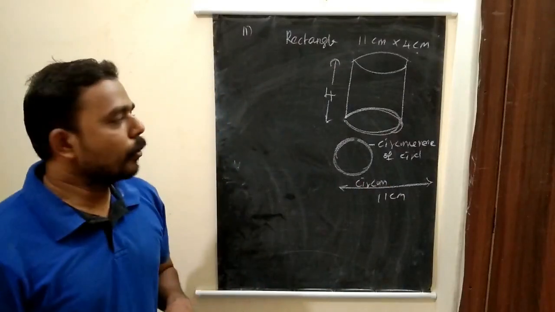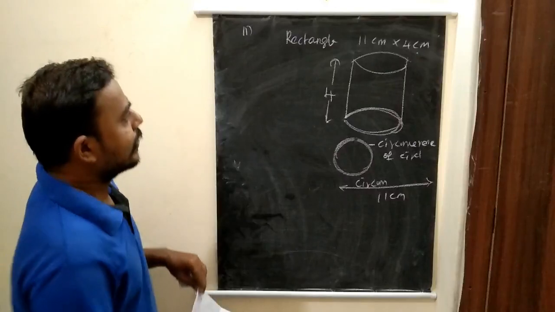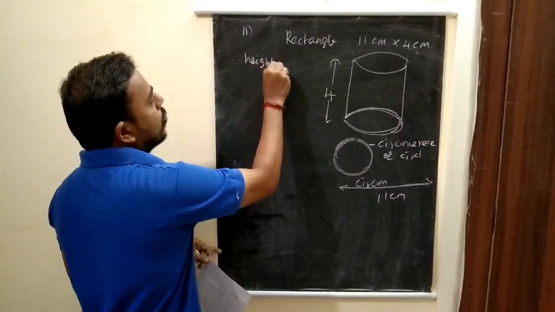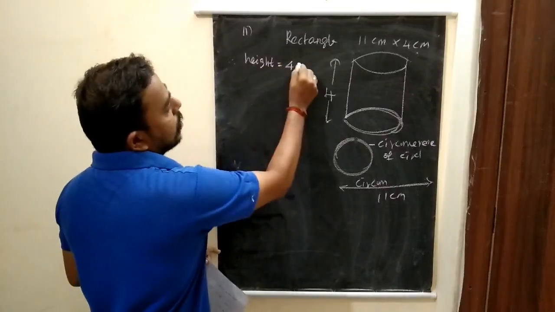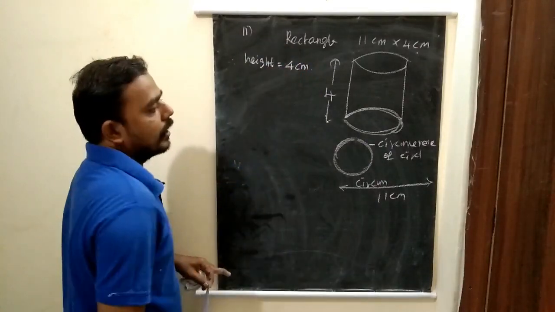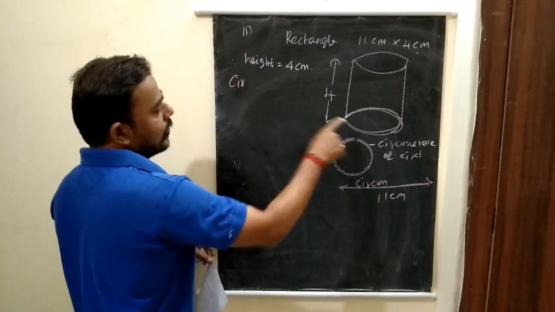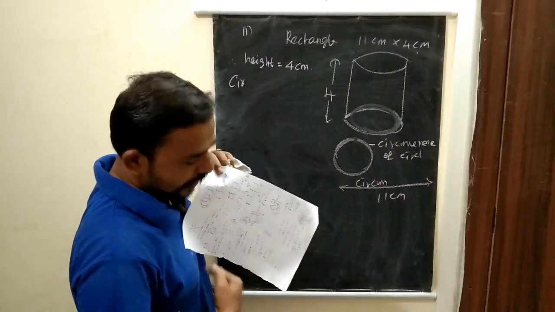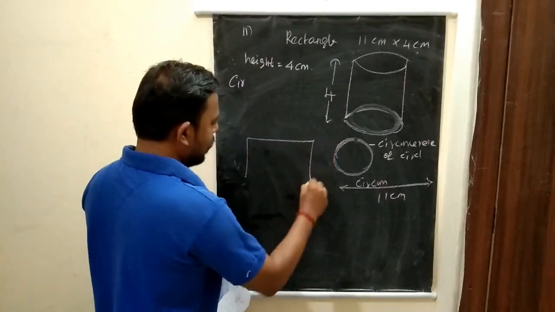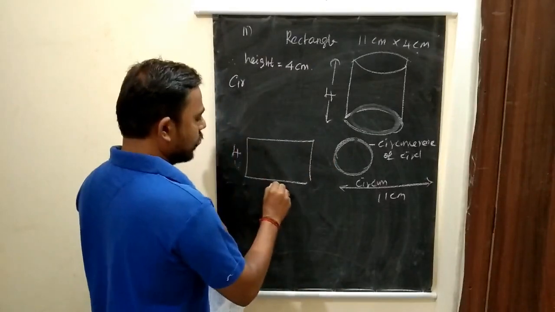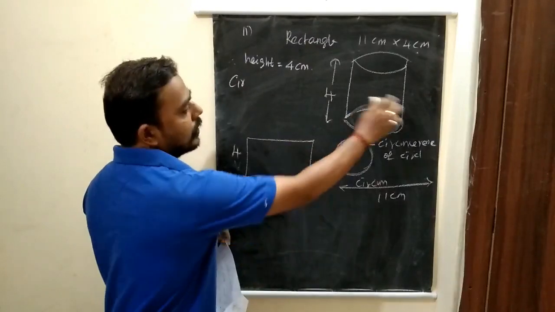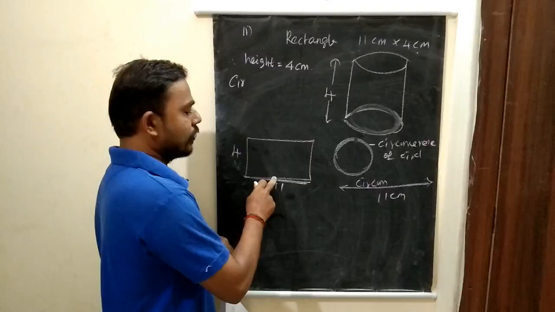Now you can think, one is given height. So therefore, height equal to 4 centimeter, and circumference. This length is from your rectangle. Here 4, here 11. So this length we formed as a circle, that is the circle circumference.